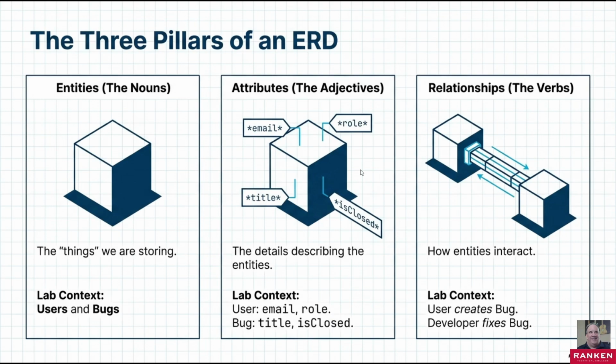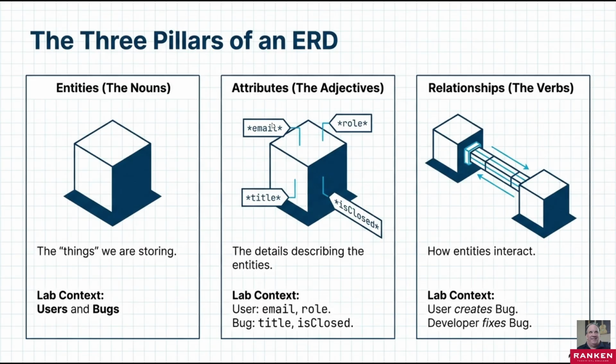The three pillars of an entity relationship diagram are your entities, your attributes, and your relationships. Your entities are the nouns, the things that we're storing: we store users, we store bugs. Then we also have what are called attributes. These are kind of like the "has a" type relationship.